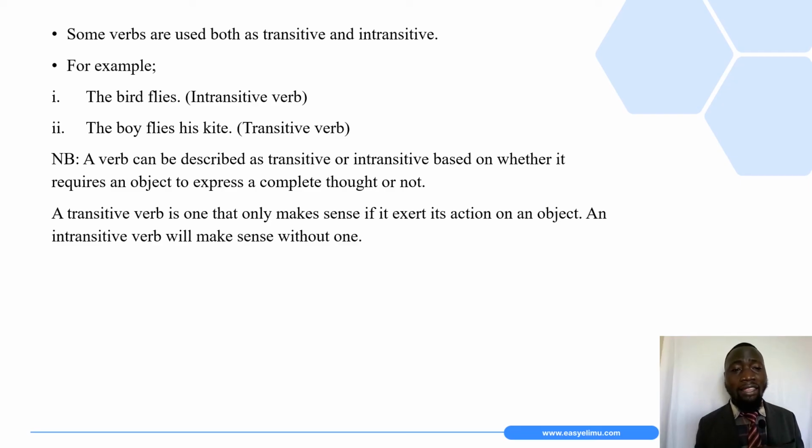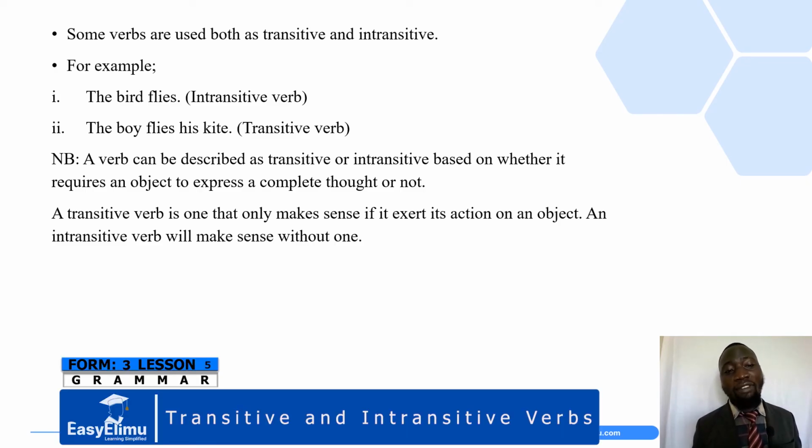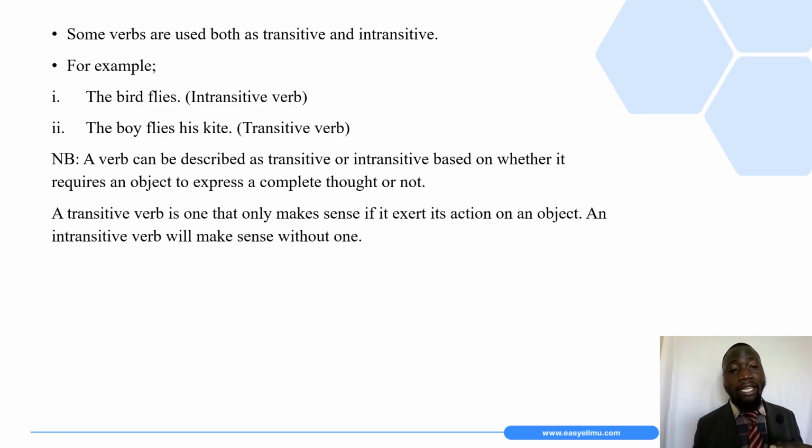So these are verbs that can take the two forms. So I have two examples in sentences. So the verb that we have is flies. So in the first sentence, flies has been used intransitively. So the bird flies. There is only the subject and the verb.